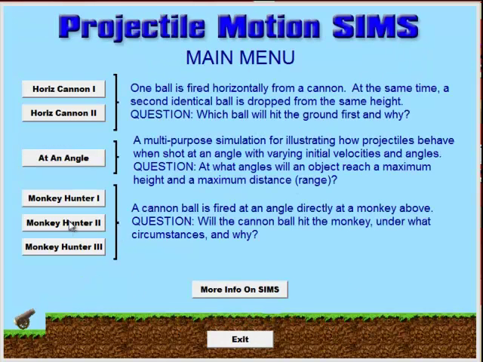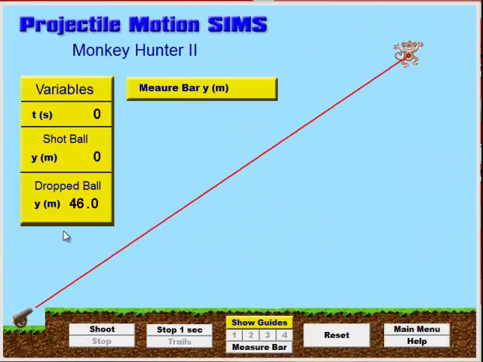Let's move on to the Monkey Hunter 2 simulation. In this case, we'll want to stop every 1 second, show the trails. We will shoot, and in this case, the distances and time are set up so that the monkey will be hit exactly in 3 seconds.